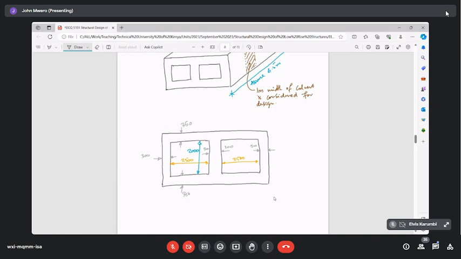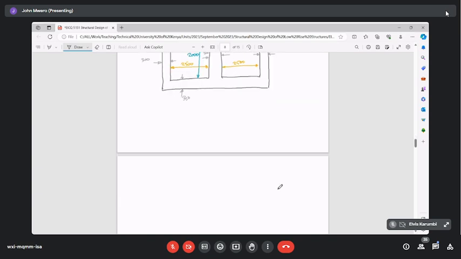So with this definition of the box, we can ask, so what are the loads?